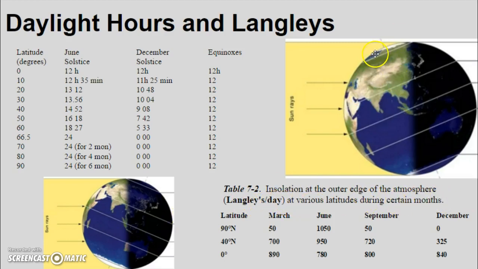If I look at this picture here, once again, let's talk summer solstice for the northern hemisphere. During the summer solstice, 90 degrees north is actually receiving more insolation, measured in Langleys per day, than our local area at 40 degrees north, and greater than that of the equator.